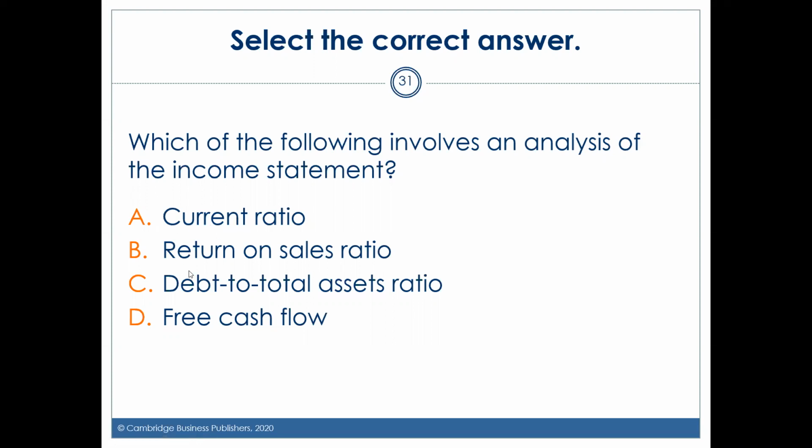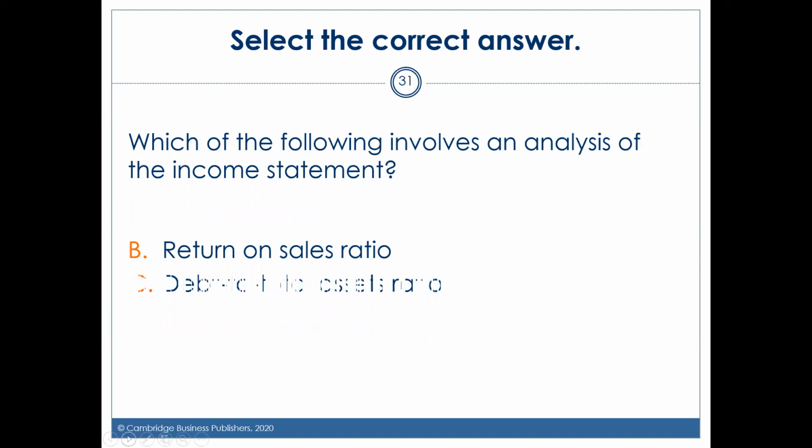A and C. And then which of these things involves an analysis of the statement of cash flows? D. But B is the one that involves an analysis of the income statement. Good. You guys are getting this.